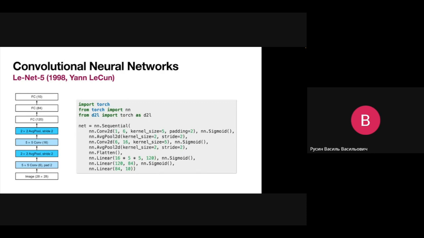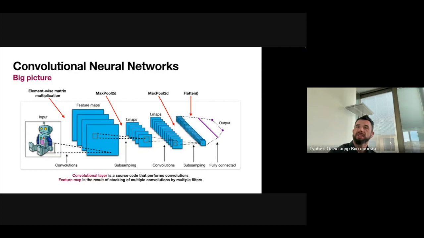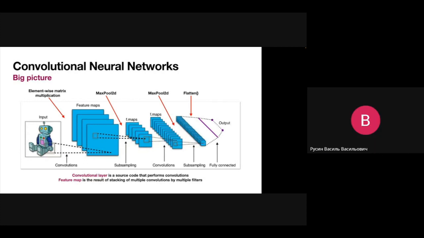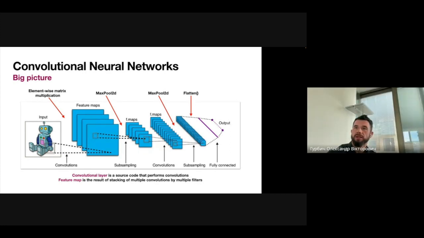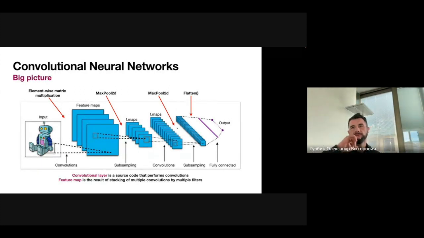We just take it and slice it. You slice one, you slice second, you slice third, you slice first, and you just put them in a line, and that's it.